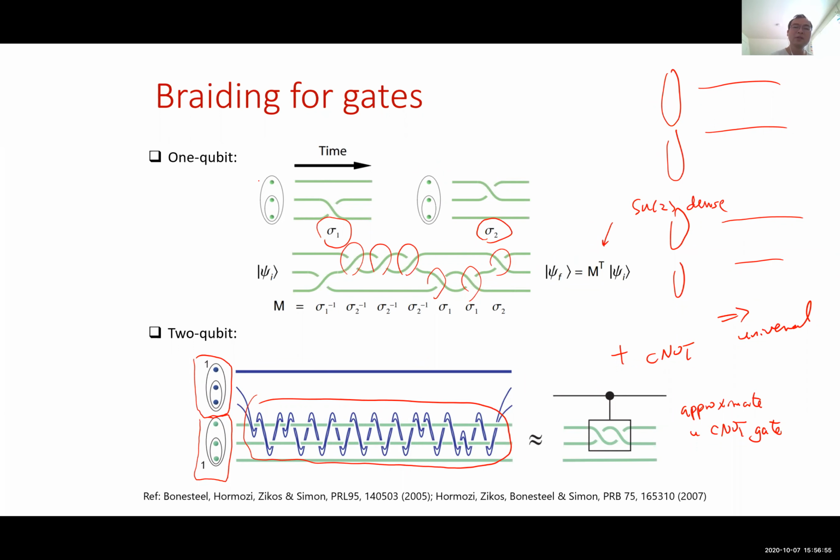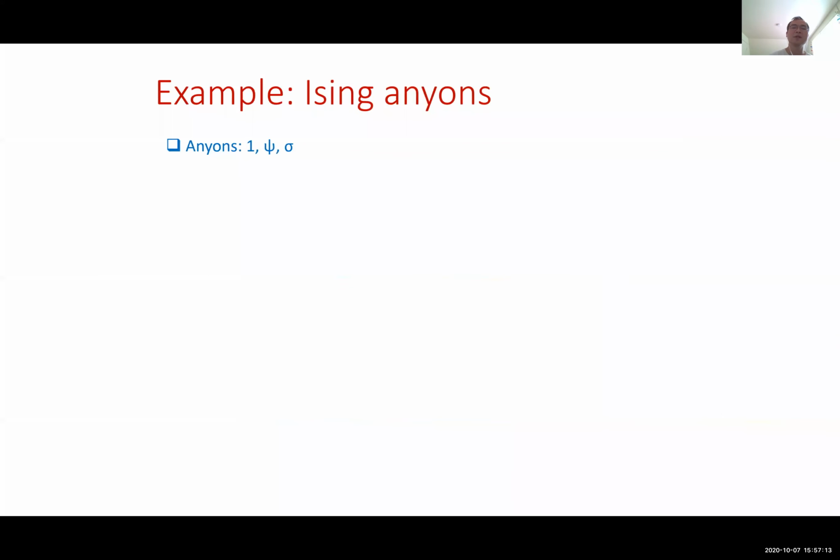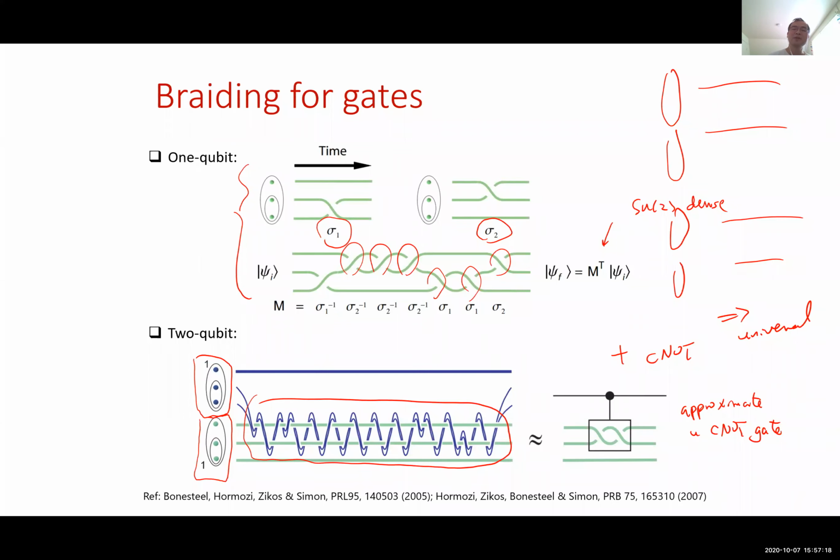But the element that you use to decompose into gates will be using these braiding sequences. Okay. It's quite pictorial, intuitive, but to find the number, you need to do some numerical search for that. Okay. But that's the most ideal place for topological quantum computation.